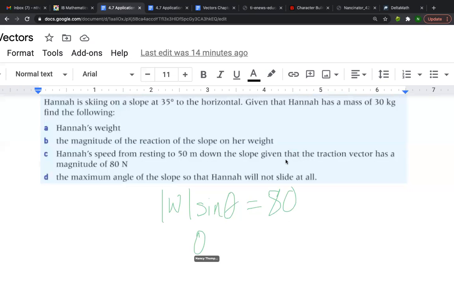If you solve that out, you should get that theta is equal to the sine inverse of 80 divided by her weight from part A, 294.3 newtons, which then should come out to 15.8 degrees. That would be the maximum so that she wouldn't slide.